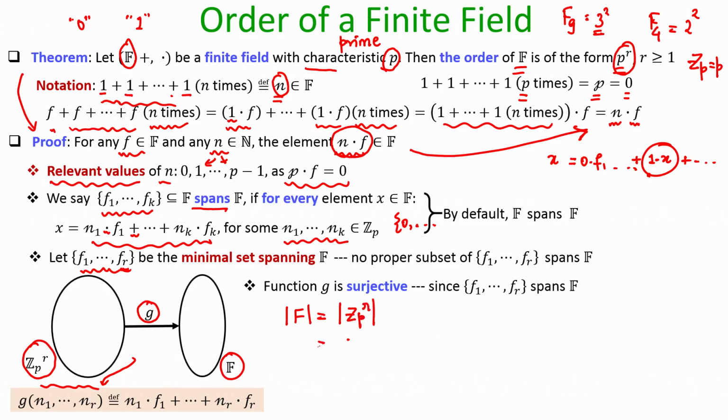And what is the cardinality of ZP^R? The cardinality of ZP^R is nothing but p power r, because as I said, the definition of ZP^R is you take the Cartesian product of ZP r times.